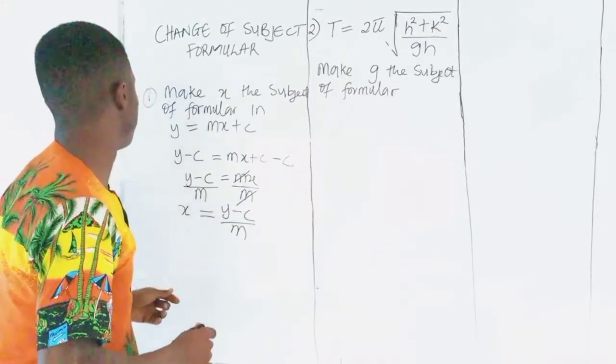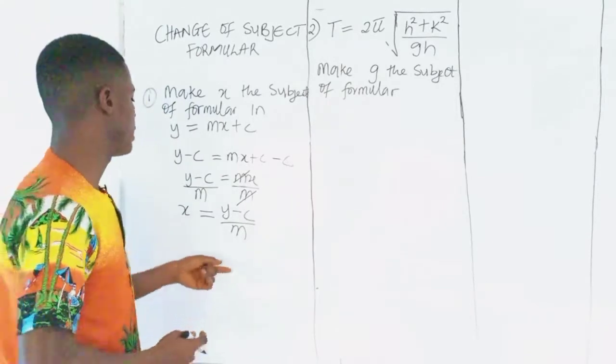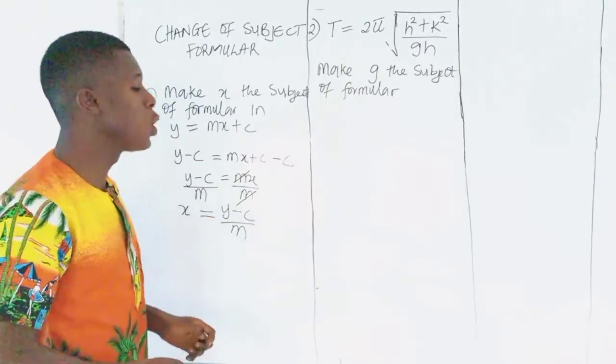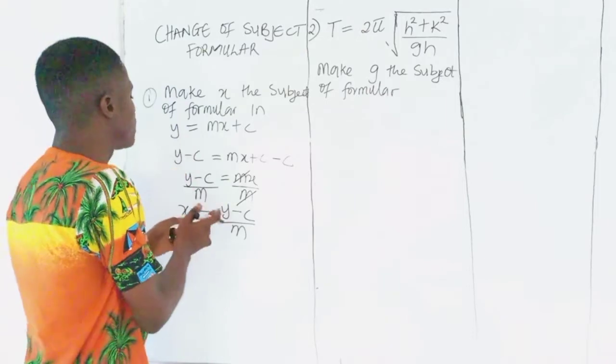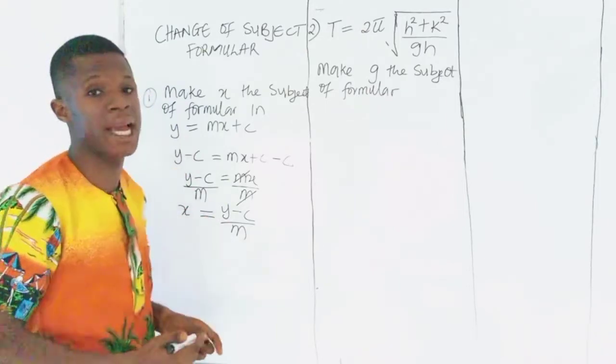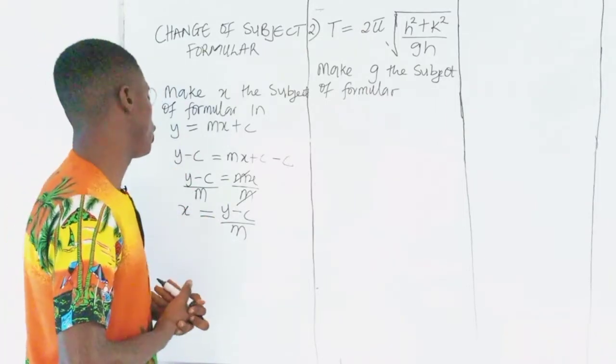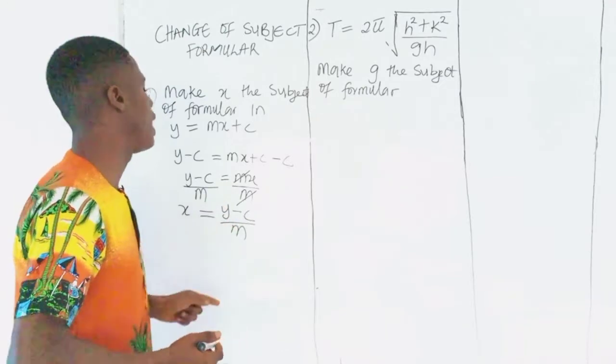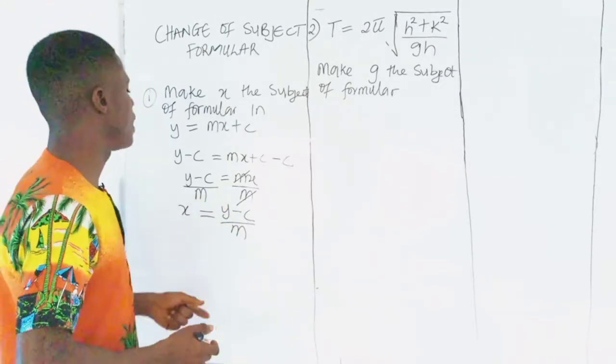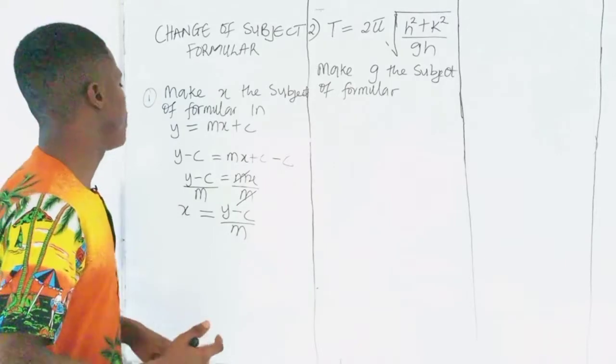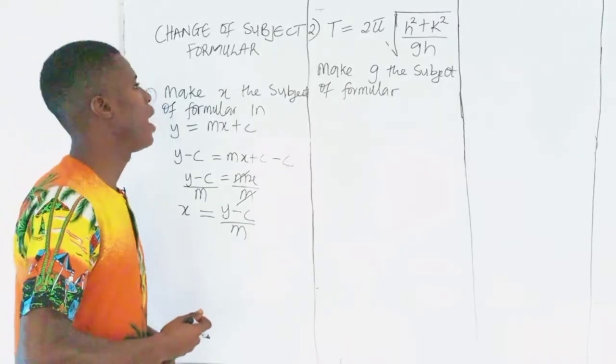Therefore, I have made x the subject of this formula. Whatever the value of x is solely dependent on the values of y, c, and m. So x now is equal to y minus c all over m.